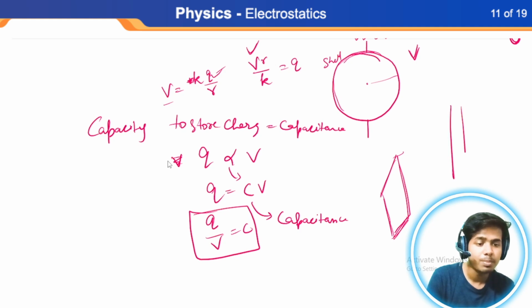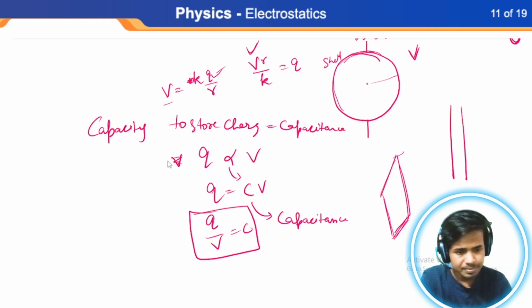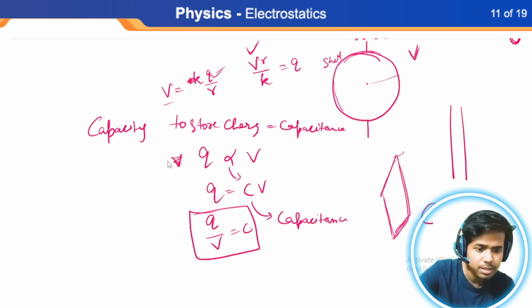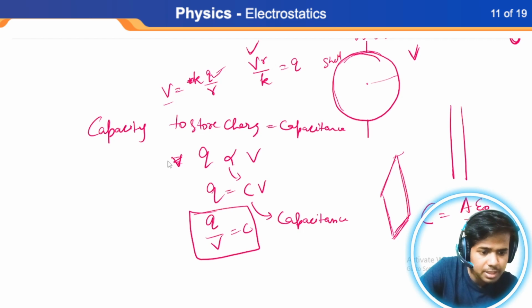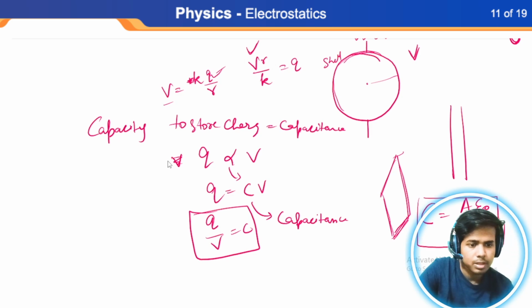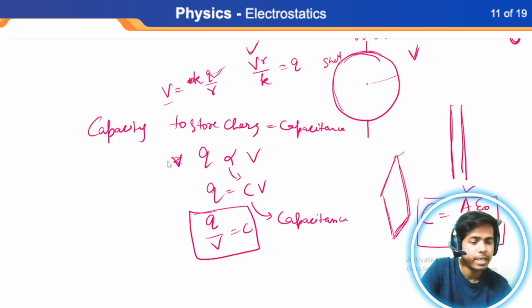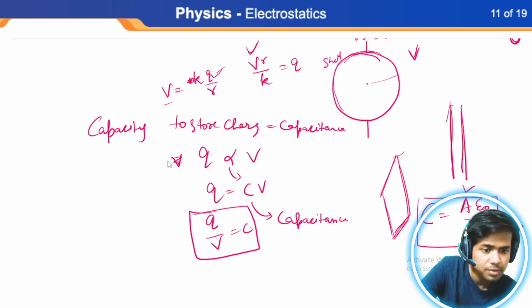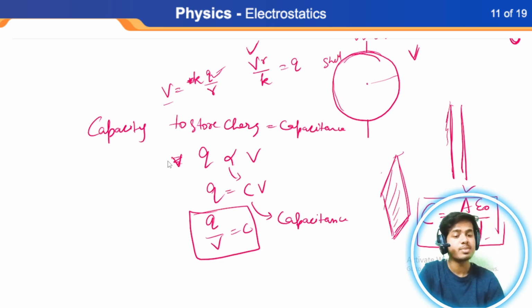Basically, two very thin plates are placed parallel to each other in very close proximity, and the capacitance for that is equal to A epsilon naught by D. This is the capacitance of the parallel plate capacitor, in which it depends on the area A, the surface area, and it is inversely proportional to the distance between them.